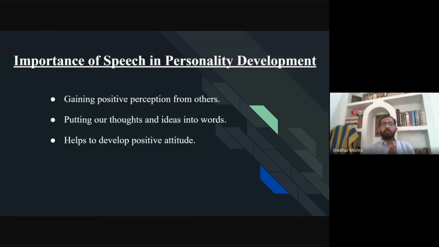It gives you a chance to present your thoughts and ideas in words. If I was not able to present these things, I would not have been able to tell you all this. And if we fulfill all these criteria, we will develop a positive attitude towards things.